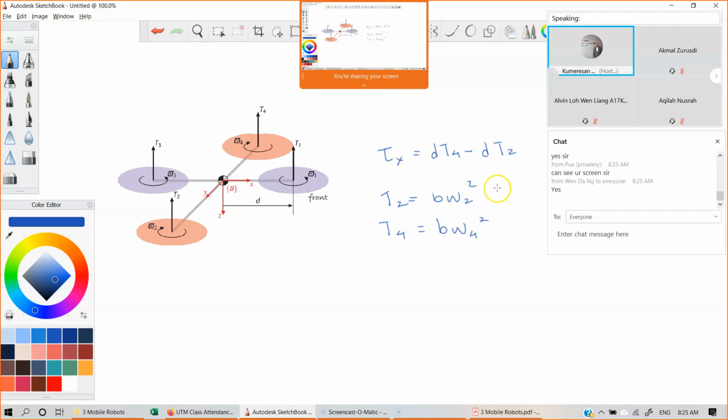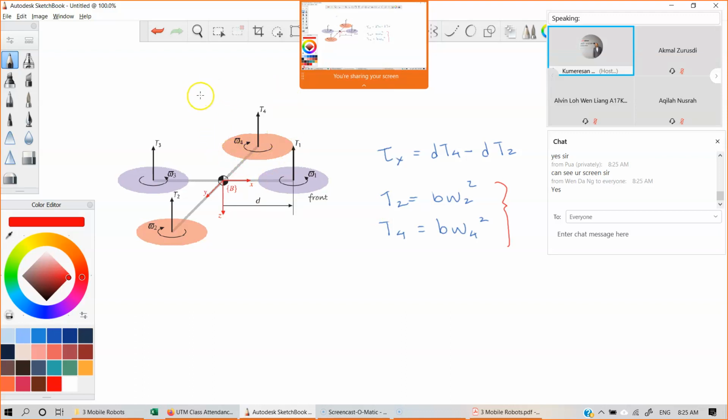So first of all, if we look at these two, the faster the propeller rotates, the higher is the thrust, which makes sense. If you imagine a helicopter, the faster you move the propellers, the more air you will push downwards.